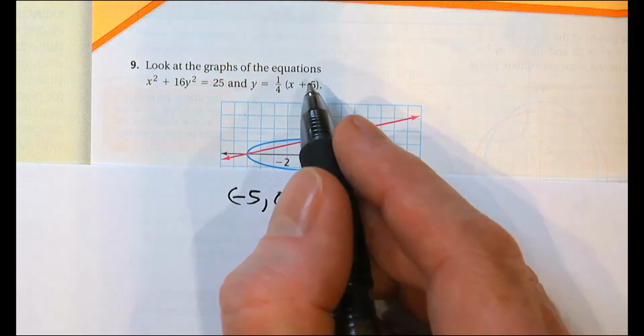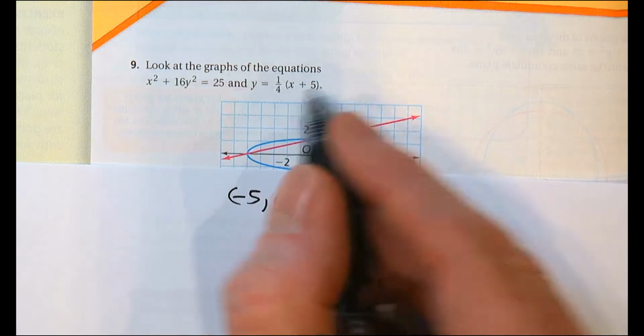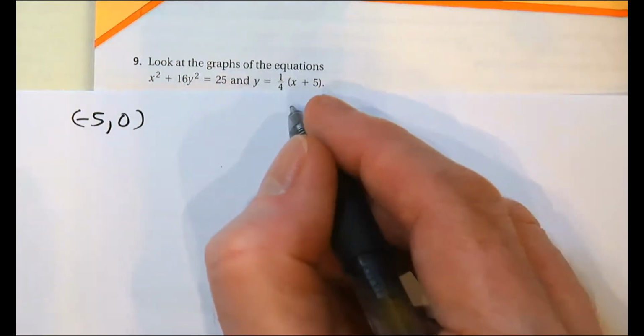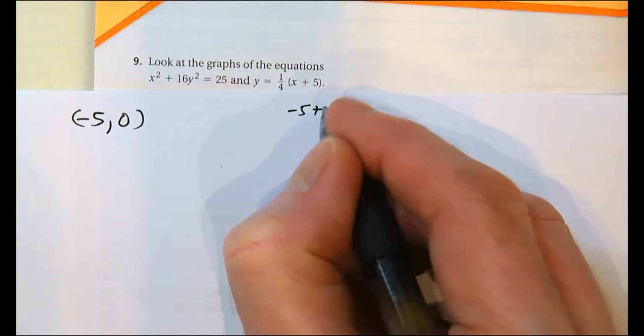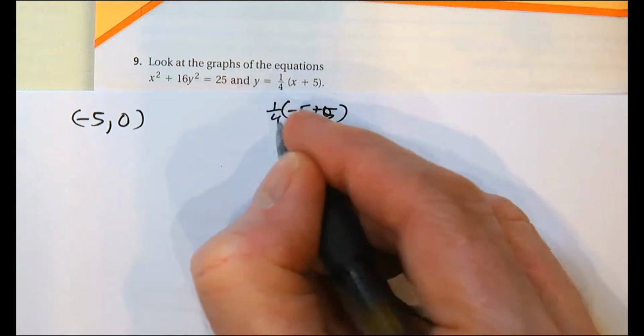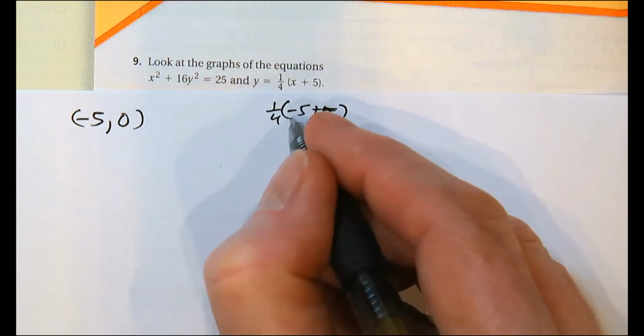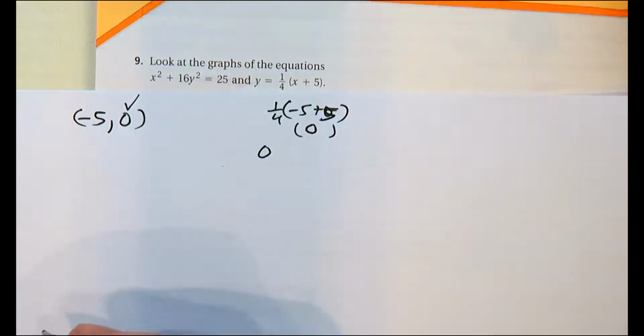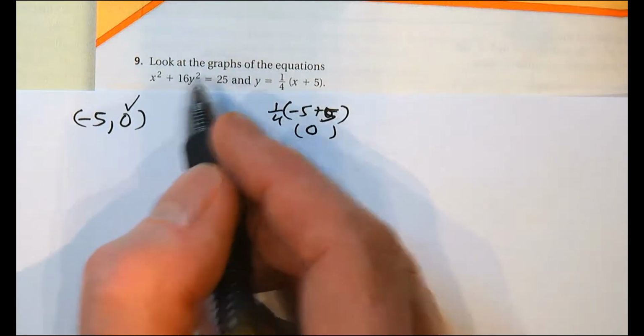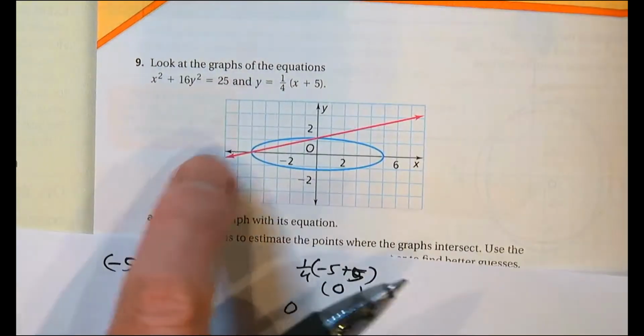So -5 plus 5 is 0, and 0 times a fourth is 0. Ah, it really is 0. And same thing here. I put it in and I got 0.